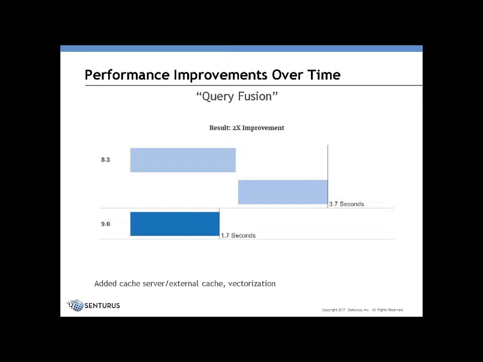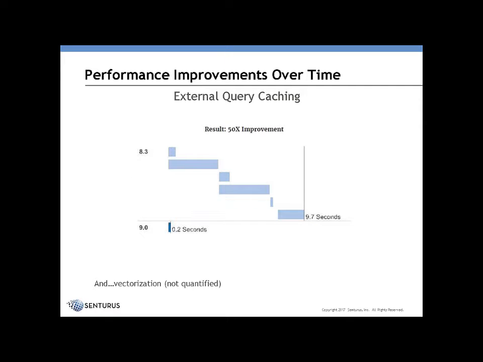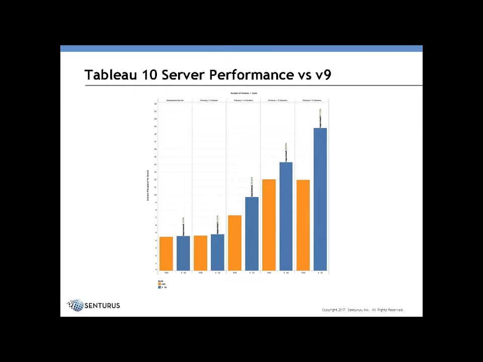So if a query was at a different grain or had a subtle difference, but they could tease out the information, they'll use this query fusion, and that provides a 2x improvement. External query caching is huge. If you don't even have to go back to the database, they introduced that at 9, you have a 50x improvement in performance. And then they added some vectorization capabilities, which they didn't quantify. So they're always adding things to the server to improve performance, right? Performance is always a consideration.